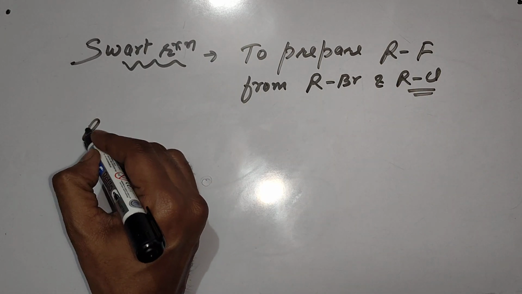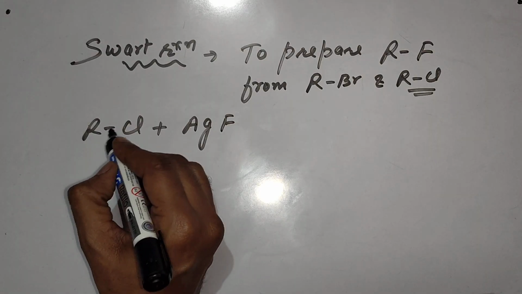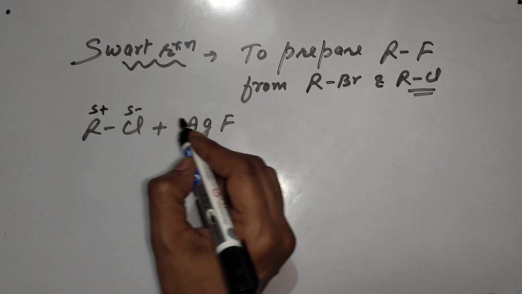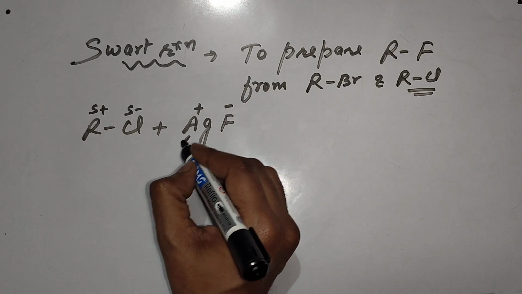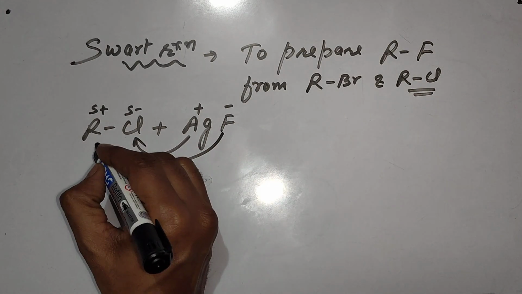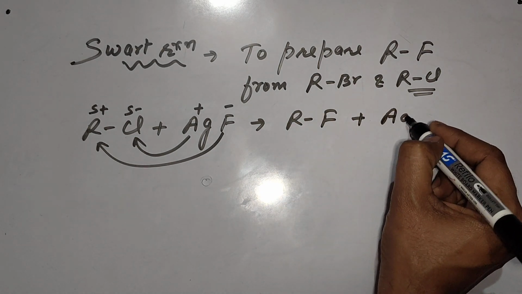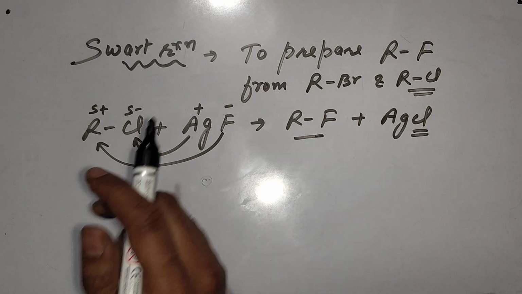The condition is very simple. RCl is reacted with silver fluoride. Now Cl is more electronegative than R, so negative, positive. Silver we know is positive. Fluoride will be negative here. So positive will combine with negative, negative will combine with positive. That's it. It is a double displacement type reaction. AgCl. RF is generated. Fluoroalkane.